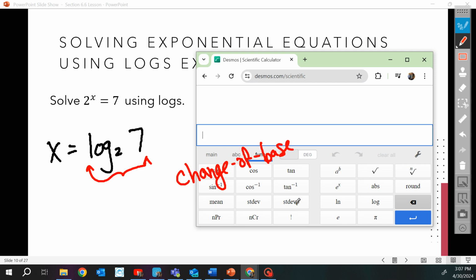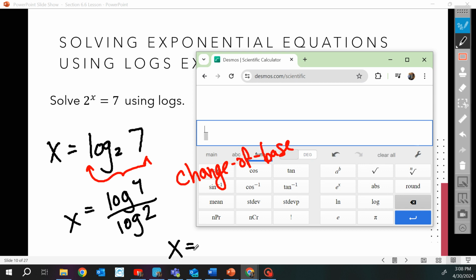Change of base formula allows us to turn it into a fraction of common logs that we can then type into the calculator. So this is going to become common log of 7 divided by common log of 2. And now using this, we can figure out what the value of the solution is. So I'll go ahead and put that in my calculator.